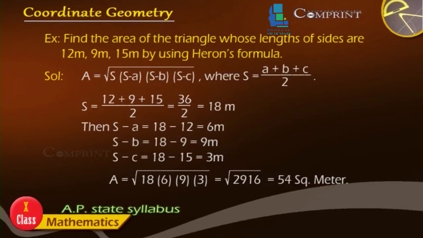Example: find the area of the triangle whose lengths of sides are 12 meters, 9 meters, 15 meters by using Heron's formula.